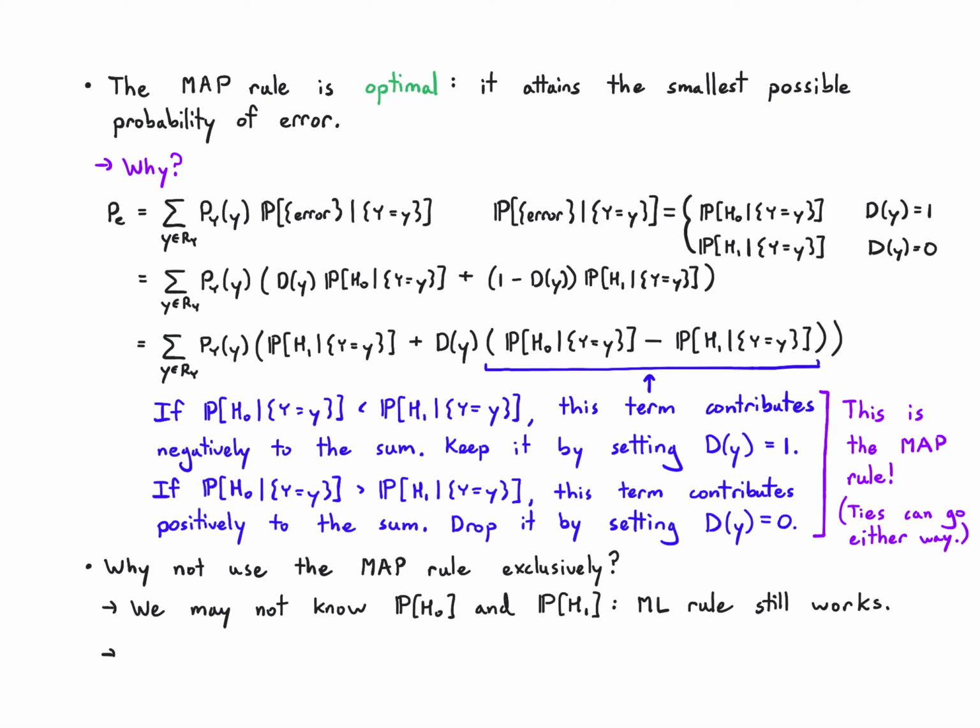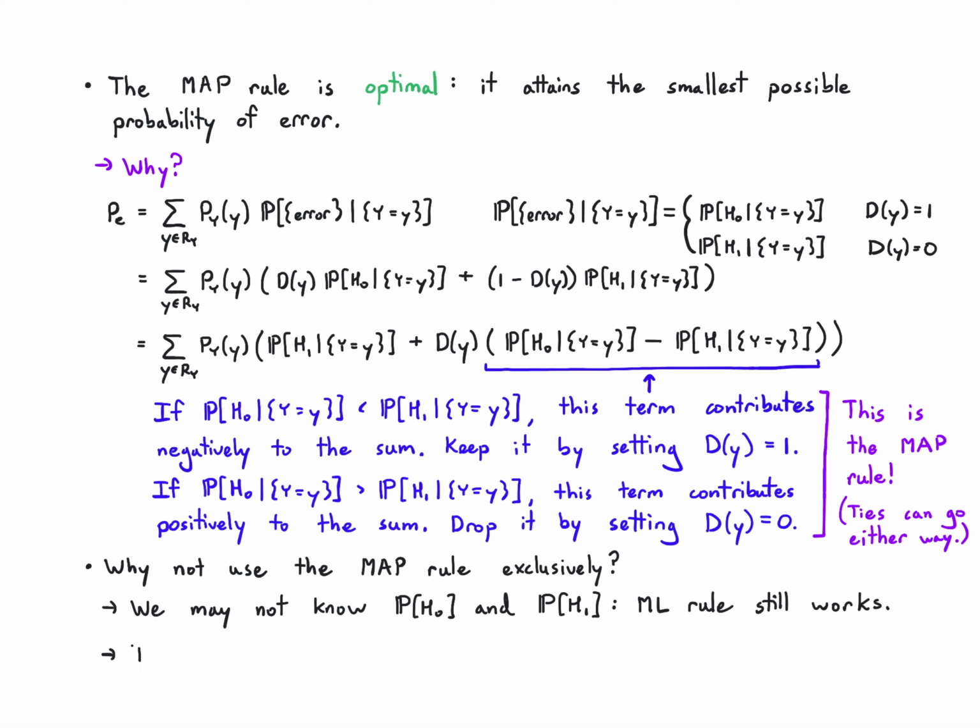It's very hard to put a probability on an aircraft appearing by surprise on a certain day. Should I put that at 1 over 100, 1 over 1,000, 1/2? I don't know. That's not something that really makes sense, and I can't collect a lot of data on the fly to set it. So maybe that's not the right way to think about it. So you need the ML rule or some other variants that we'll talk about soon.